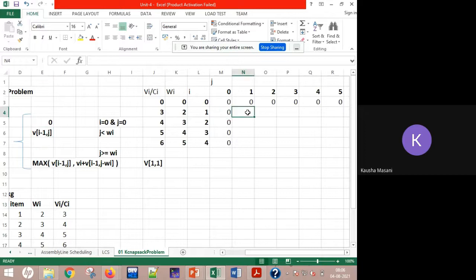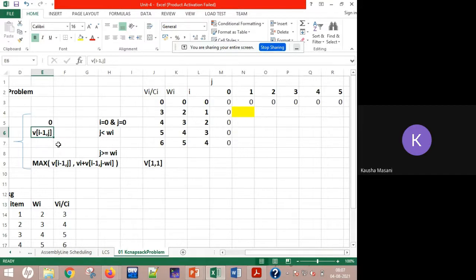What I'm trying to fill in here is this cell. The j value is 1. What is the weight at i equal to 1? It is 2. So the j value is less than my weight, so it is this condition. In that condition, I have to pick i minus 1.